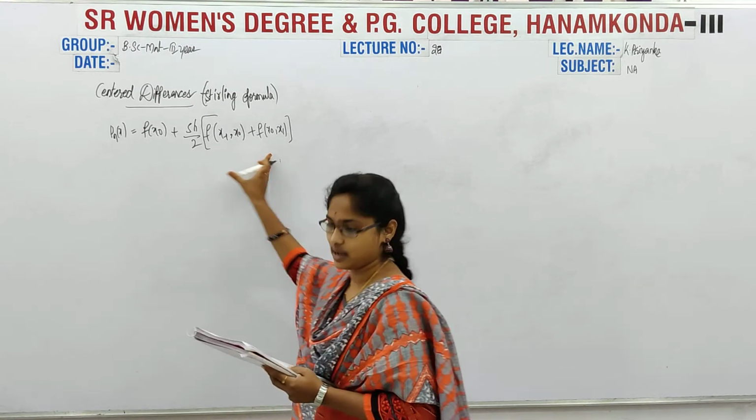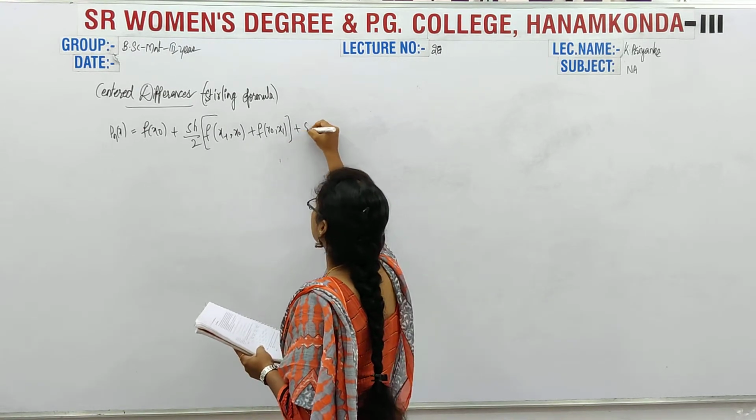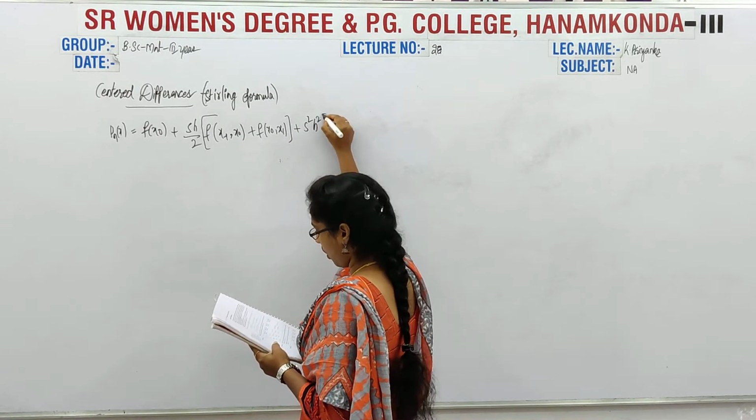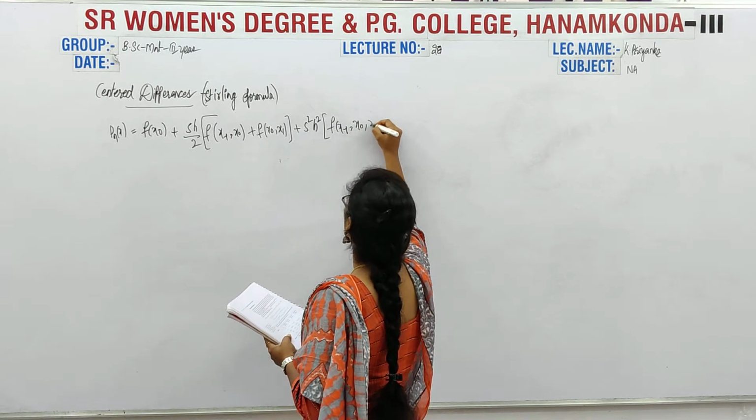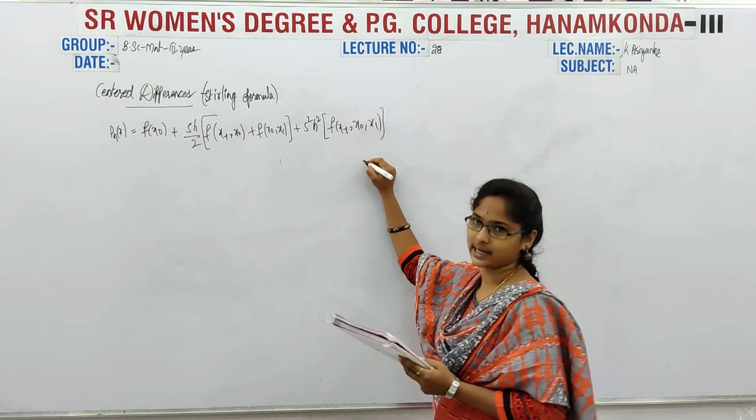This is one term, plus s square h square f of x minus 1 comma x naught comma x1. I will explain how we get it like this.